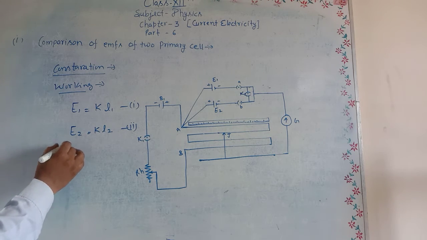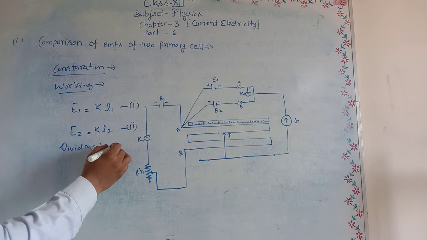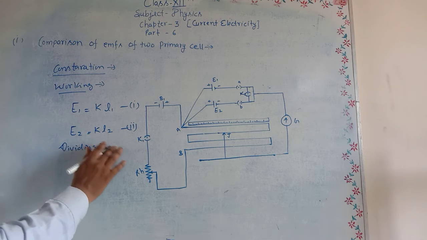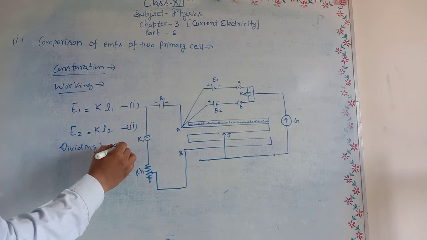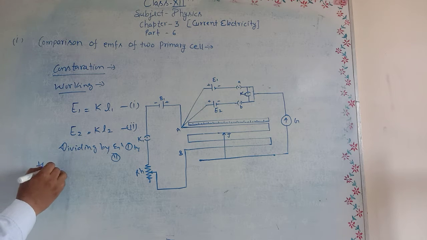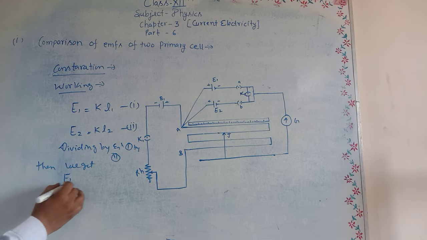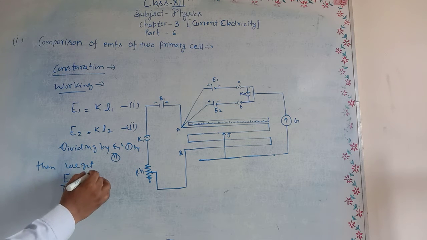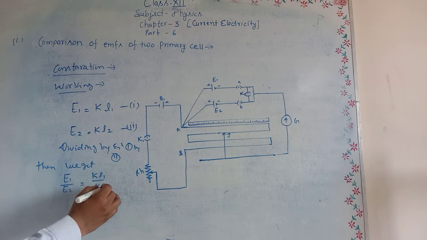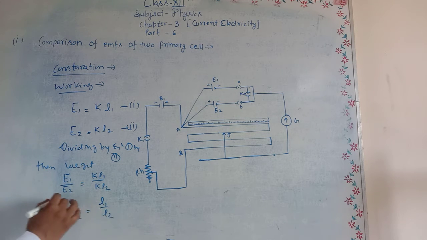Then dividing equation 1 by 2, we get E1 upon E2 is equal to K L1 upon K L2. Then E1 upon E2 is equal to L1 upon L2.